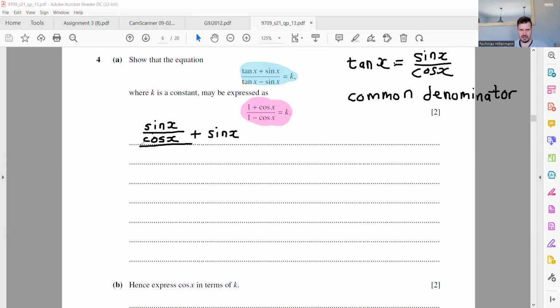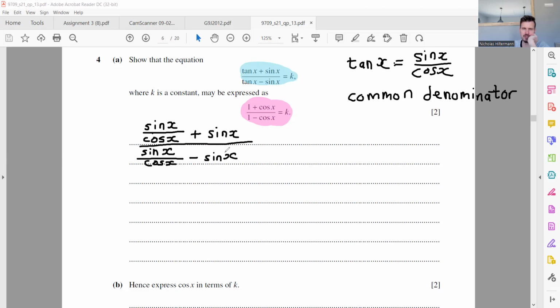Okay, so hopefully you've already written it down and turned the other one into sine over cos, and you're starting to do the next step, which is get a common denominator. That is going to make it a little bit easier. So these questions, often you can't see the answer, like you can't see all the steps.